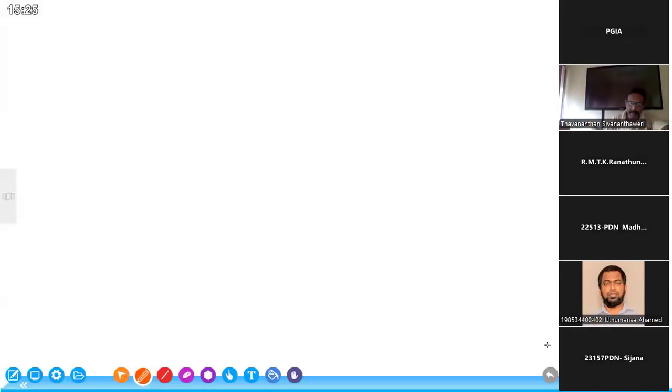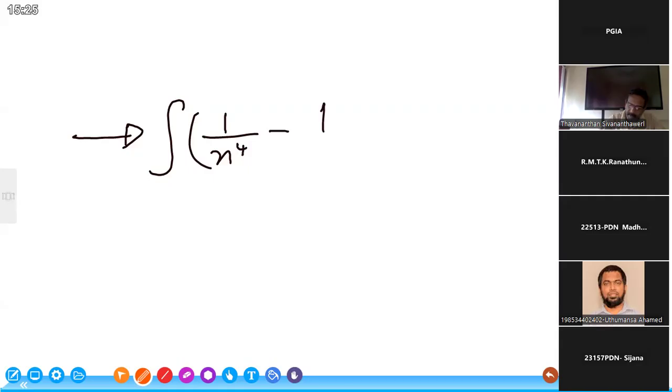Right, I will repeat it again. Integration of 1 over x to the power 4 minus 1 over x to the power 2 plus x to the power 2 minus x to the power 4 dx.